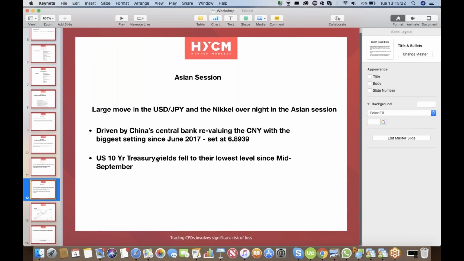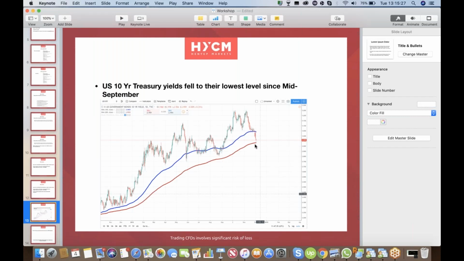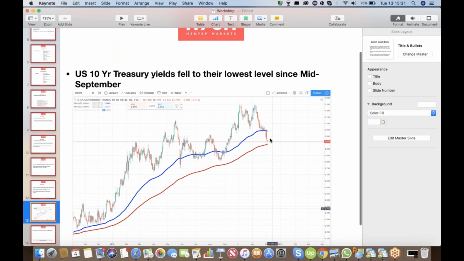Okay, so I've got the US 10-year Treasury yields here, and you've got them coming in at 2.959 when I took this screenshot. You can see that price is down and testing the 200 exponential moving average. We saw a bearish outside bar after the 100 exponential moving average, and price moved down to test those lows.